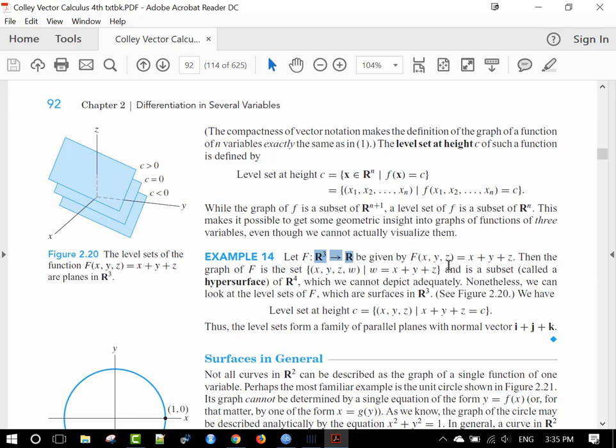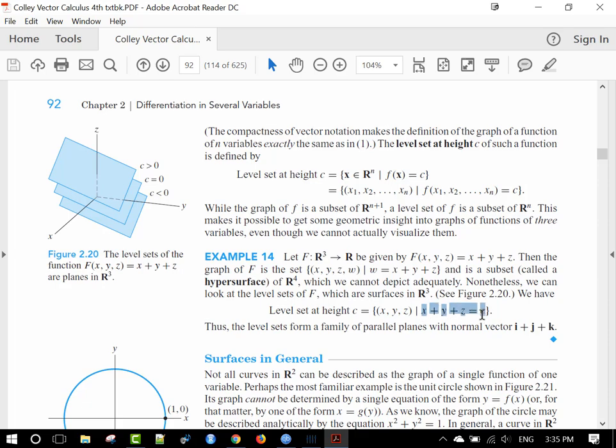And those are going to be the set of values x, y, z for a particular c that solve this equation, right? So we can see that this is a plane.